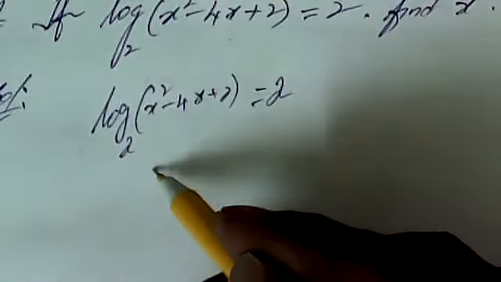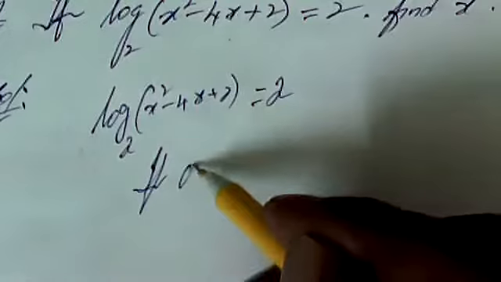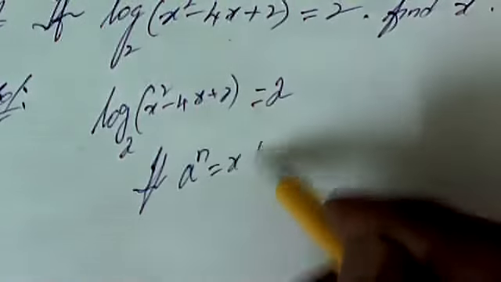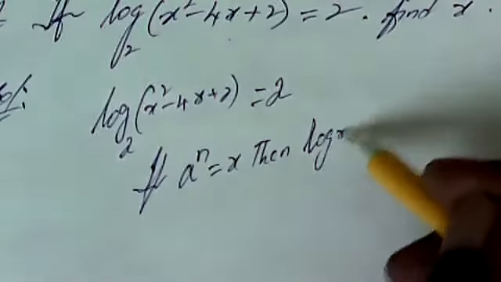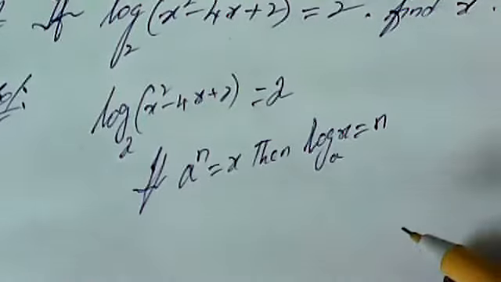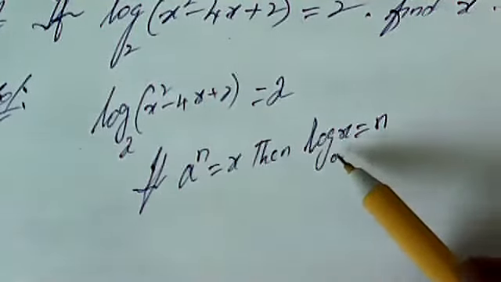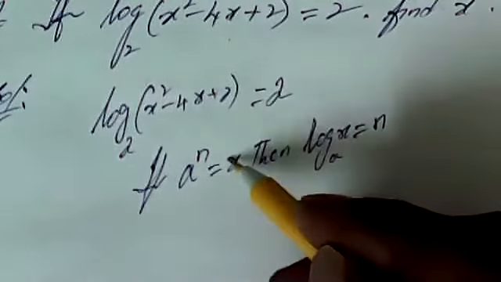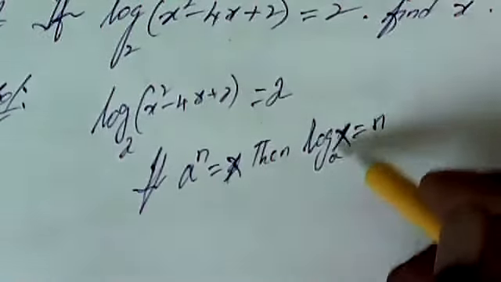What does it say? If a power n equals x, then log x to the base a is n. So it's given, go in the reverse way. Here x takes the whole thing, so we'll take it as capital X in order to avoid confusion.